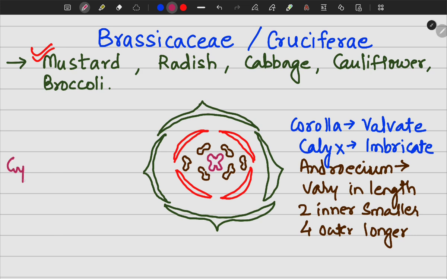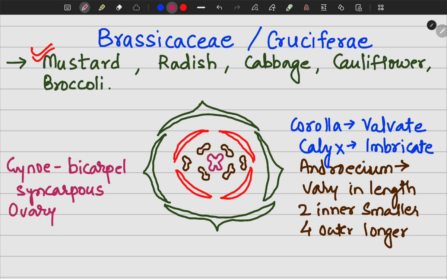So the gynoecium is bicarpellary, since there are two carpels but they are fused, so they are syncarpous. The ovary is superior and unilocular.